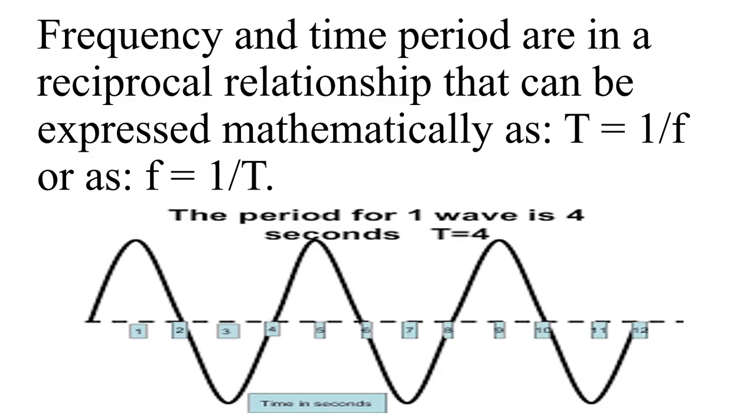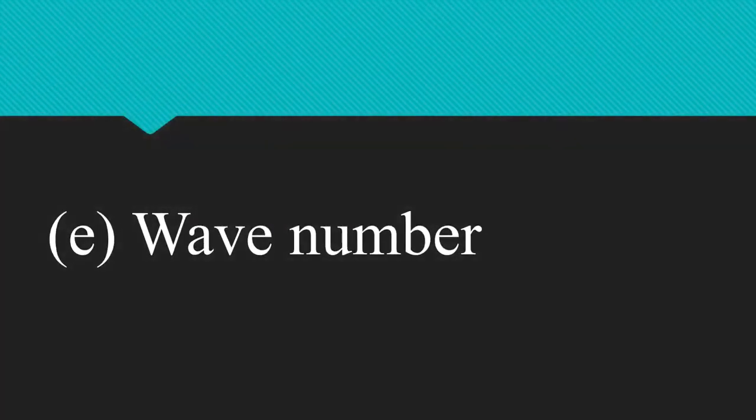Here, once again, the time period of one wave is 4 seconds. You can check the time taken for completing one oscillation or one cycle is 4 seconds. Term E is wave number.